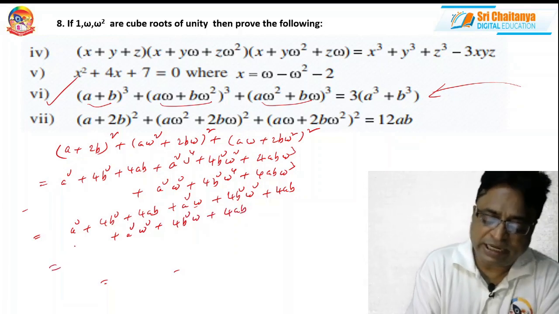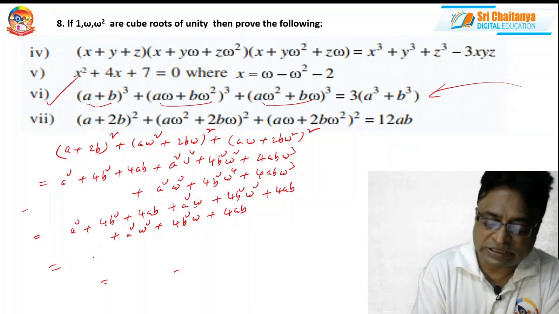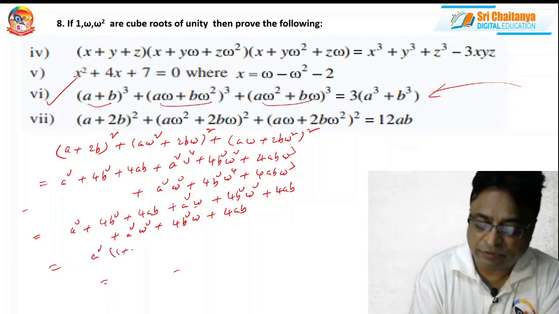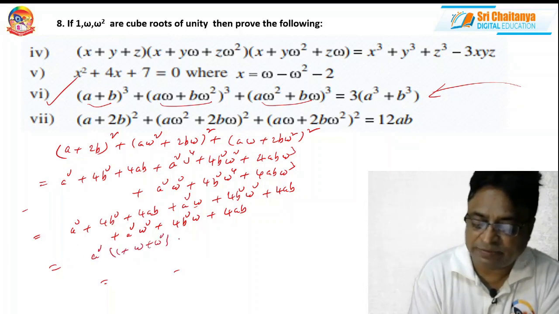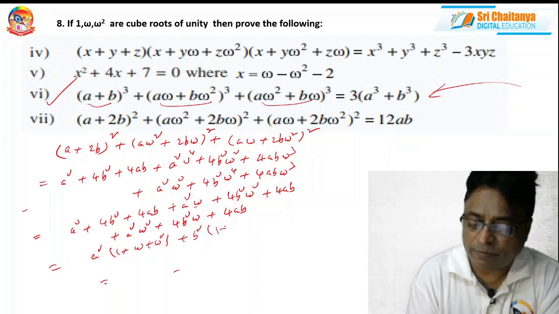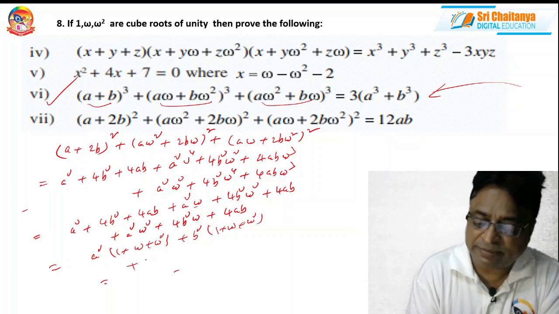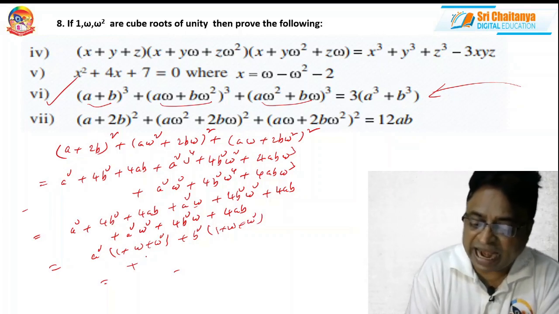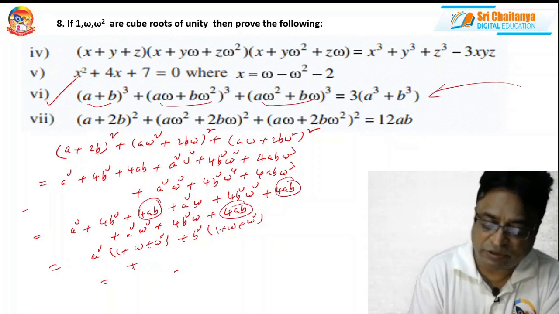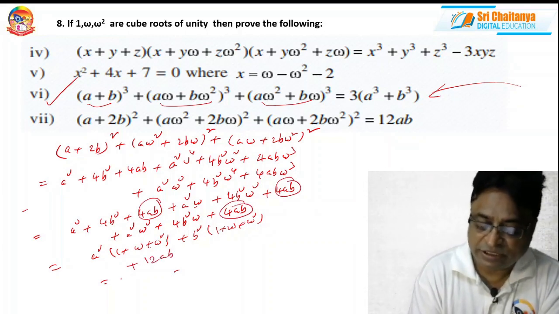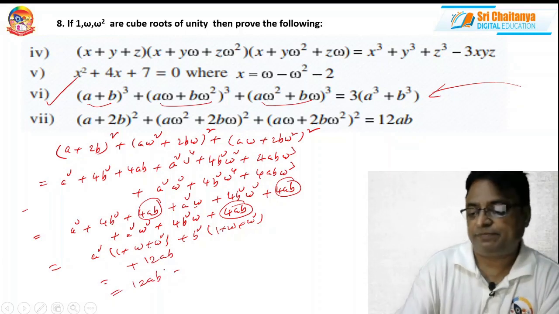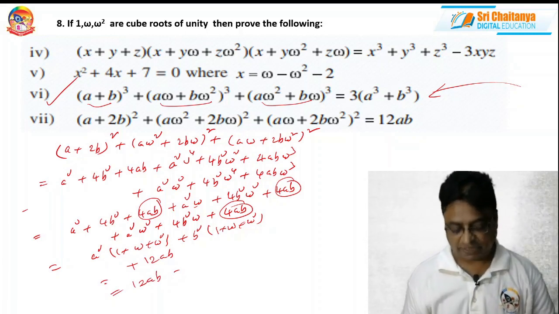So if I take a square as common, then a square into 1 plus omega plus omega square I can get, plus b square into 1 plus omega plus omega square I can get. Similarly, remaining terms I can add. This is 4ab, 4ab, 4ab, that is equal to plus 12ab I can get. So finally, this has simplified with the answer 12ab. That is the seventh problem.